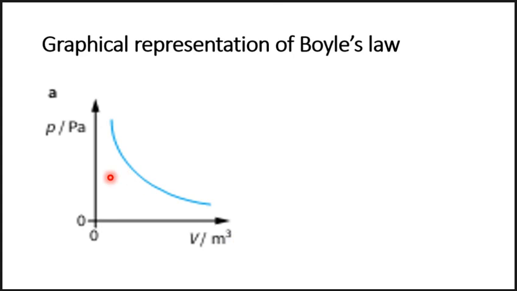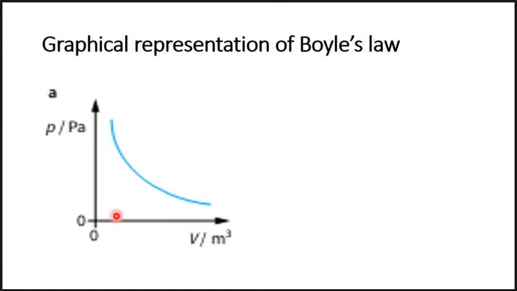Since the pressure is inversely proportional to the volume, obviously I'll be having a declining graph, and that declining graph is going to be a curved graph in this manner. And that's why you are seeing the graph decreasing. Why? Because as the pressure increases, the volume decreases, because they are inversely proportional.